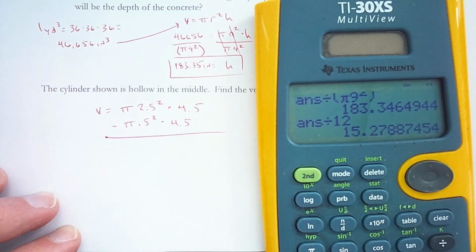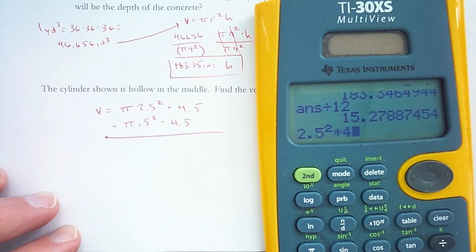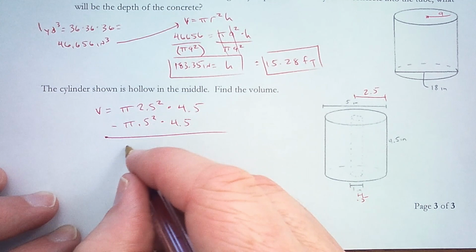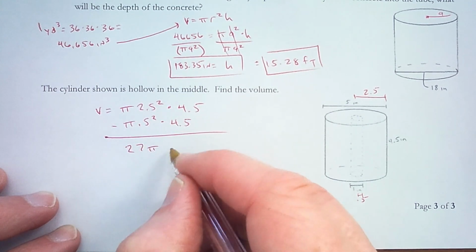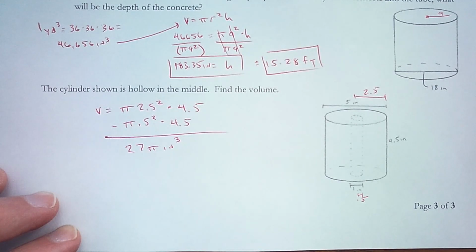To get an exact answer, I wouldn't use pi. I would have 2.5 squared times 4.5 minus 0.5 squared times 4.5, and that is 27. So the exact answer is 27 pi, and that is in inches cubed.